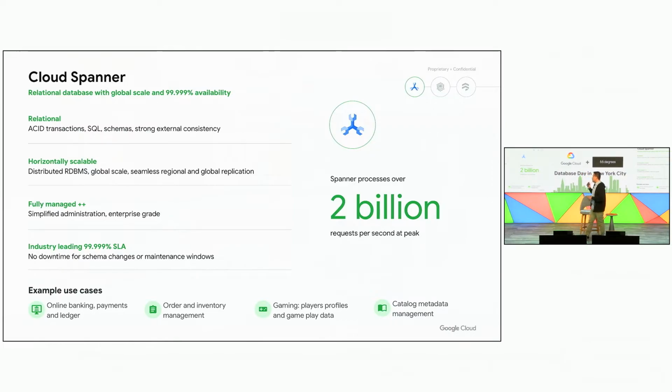The big selling point of Cloud Spanner, by the way, Cloud Spanner also supports Postgres, but there are differences with AlloyDB, and I'm going to go into there right now. The big selling point for Cloud Spanner is that this is a database that has been designed to be strongly consistent.